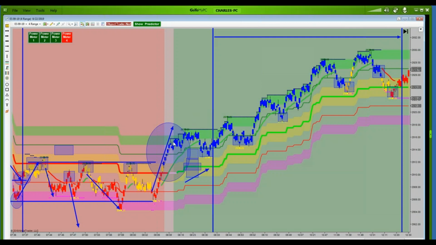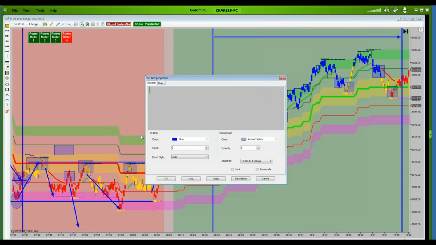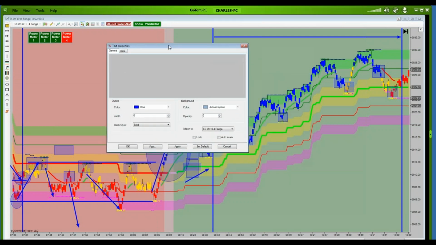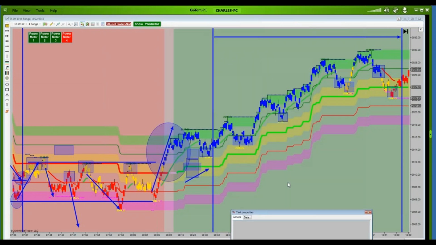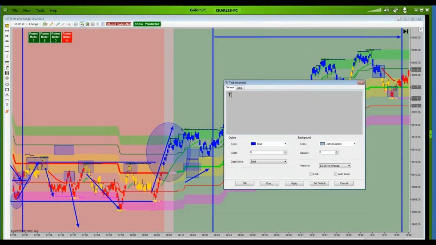So conceptually, the first thing that occurs when a trend begins is the thrust move in the trend direction. In this case, the thrust was up.